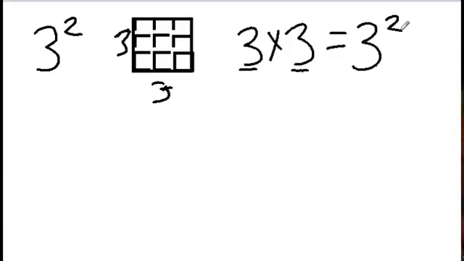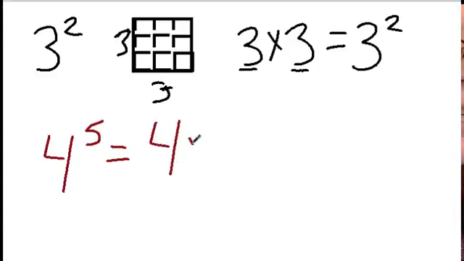Now, this is the beginning of exponents, and so you might come across a number that looks like 4 to the 5th power. The important thing to know is I'm not going to draw out the shape of what that looks like, because that would get into multi-dimensional shapes. But 4 to the 5th power means 4 times 4 times 4.